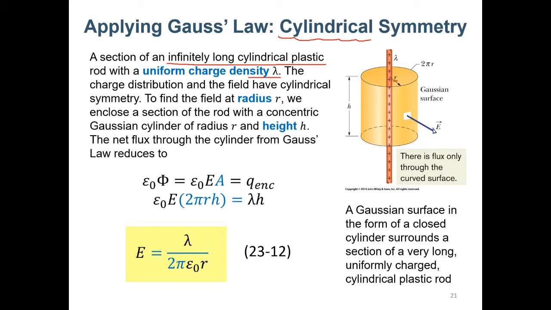In this case, we can use Gauss's law. So we have epsilon naught phi, which is nothing but E times A, because over the side surface the E field should be constant, since this rod is infinitely long.